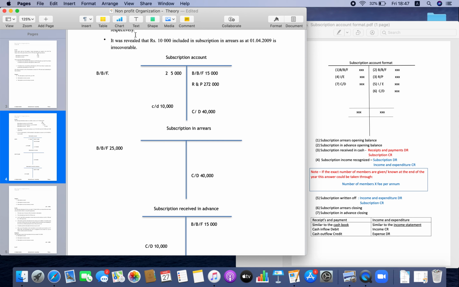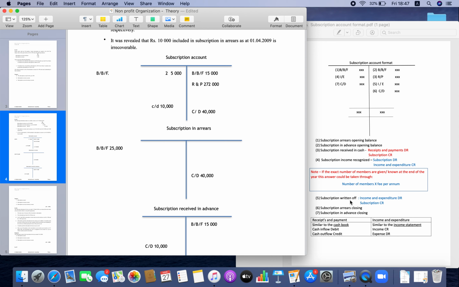Right, last one. This transaction is something new. For the very first time we are coming across this one. It was revealed that 10,000 included in subscription arrears is written off as irrecoverable. Now remember, in the last video I explained to you that number 5 over here is subscription written off.